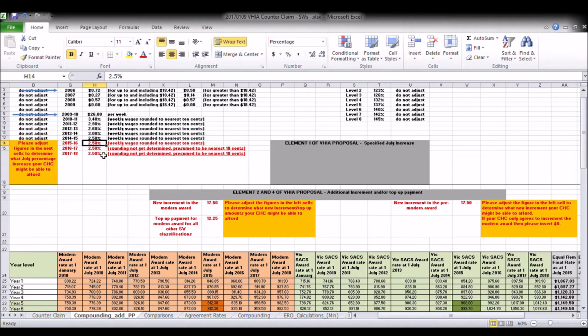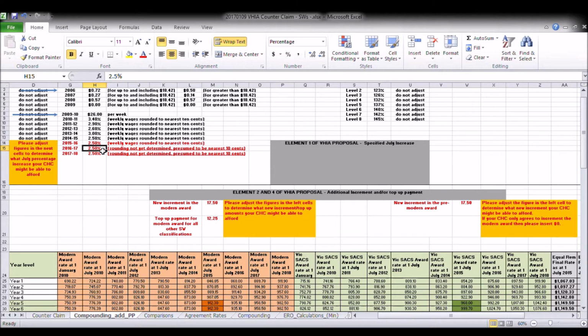At this stage, we are unsure of what the Fair Work Commission will increase wages by in July this year and July 2018, but it is based on 2.5% because the previous increases have been 2.9%, 2.6% and 3%. Therefore, we believe that a reasonable projection may be 2.5%.